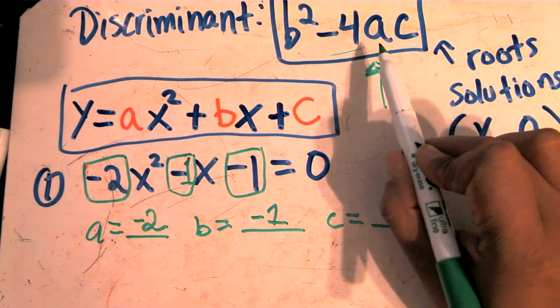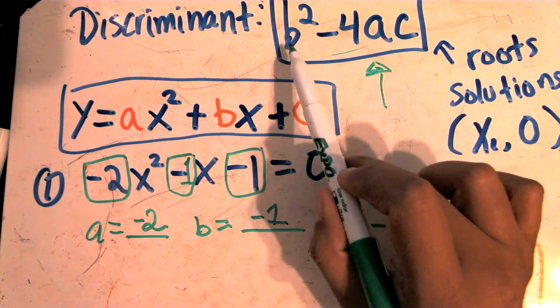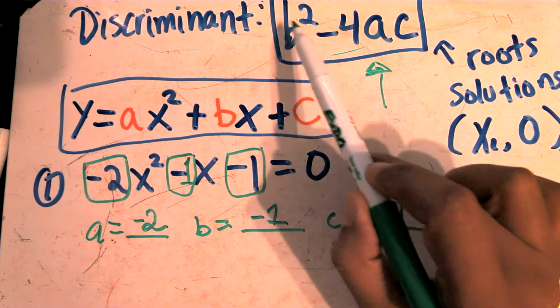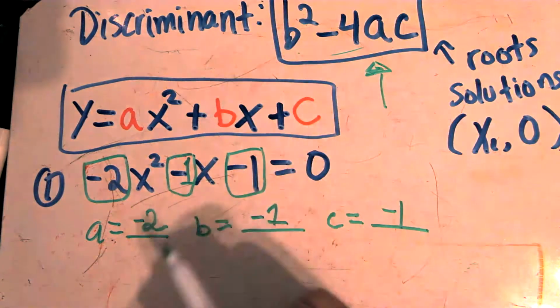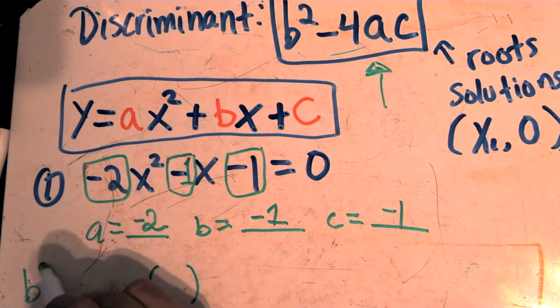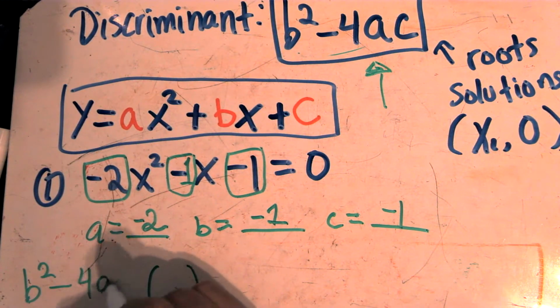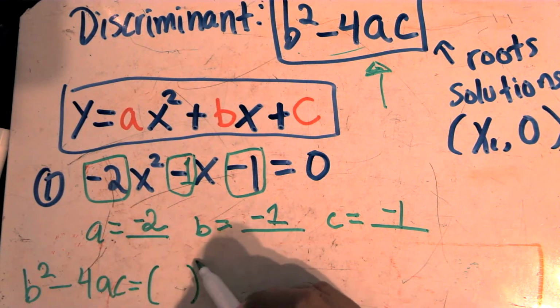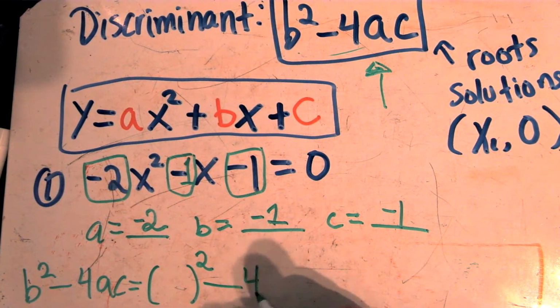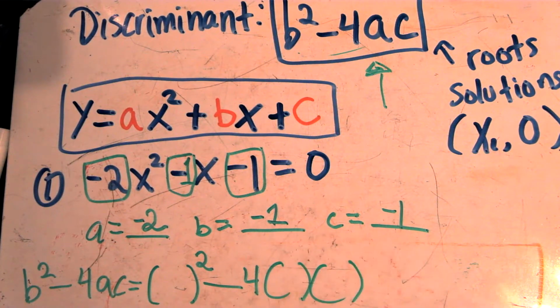So then we take our formula and we're going to put parentheses in place of b, a, and c. Maybe you can rewrite it here so you don't forget what goes in the parentheses. So parentheses b squared, minus 4a, parentheses for a, parentheses for c.